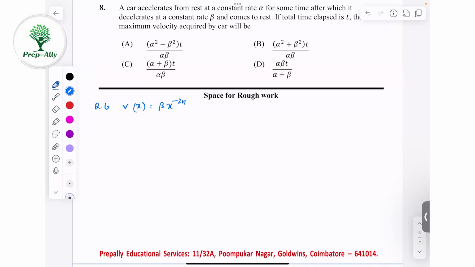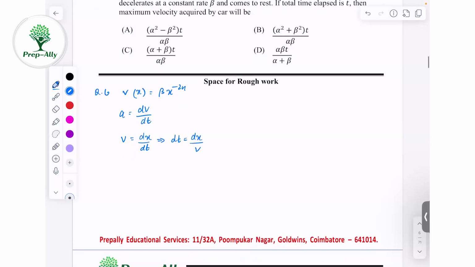Now, we know that acceleration is given as the rate of change of velocity. We are going to adjust this a little bit. Now, we also know that velocity is given as the rate of change of position, dx by dt. So from here, we can say that dt is dx by v.